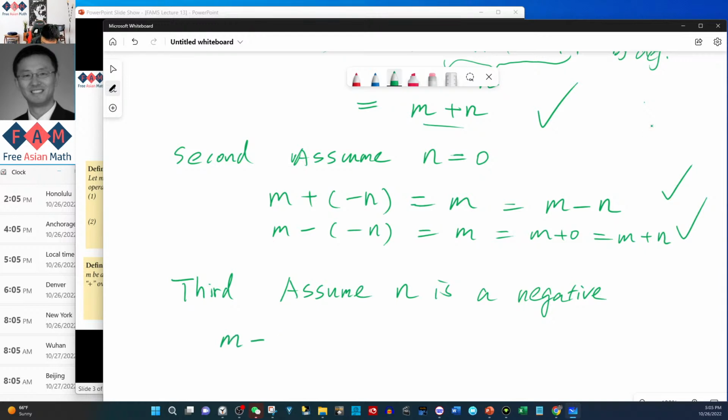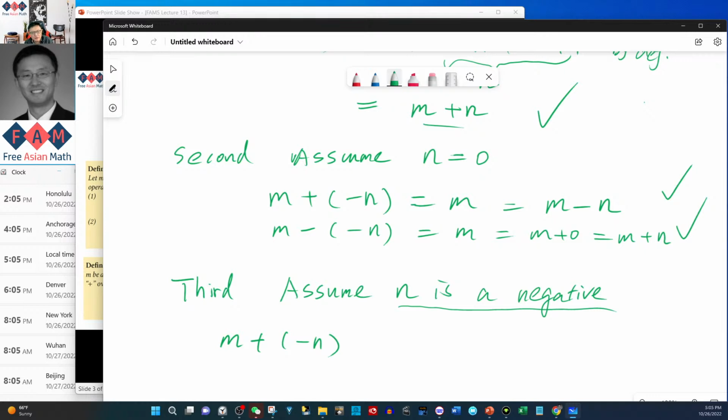So the first one is m plus negation of n, right? Well, the difficulty is now we know n is a negative integer, so we are adding negation of a negative integer. That makes the arithmetic a little bit difficult to understand.